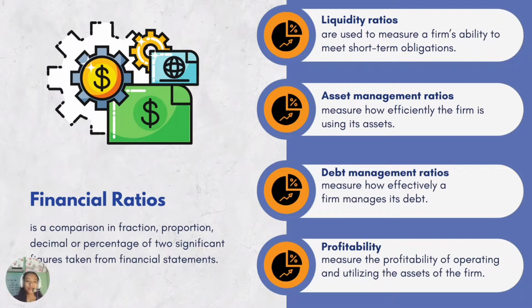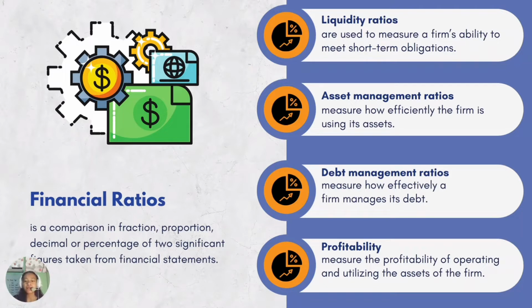There are a lot of ways to analyze financial statements, and the most applied one is the financial ratios. So financial ratios is a comparison in fraction, proportion, decimal, or percentage of two significant figures taken from financial statements.